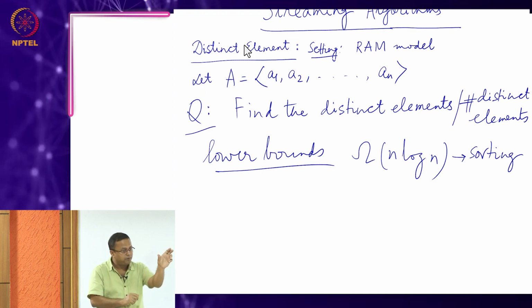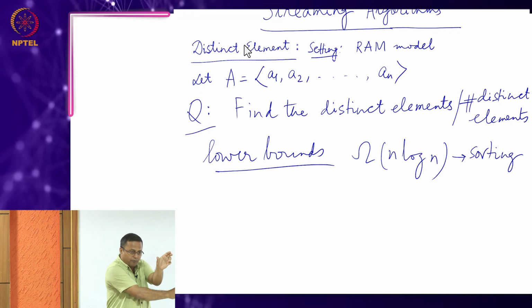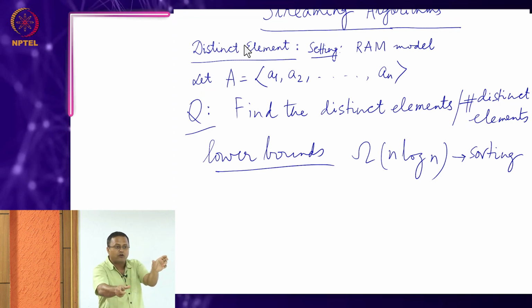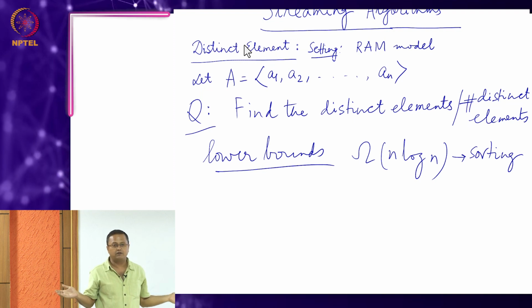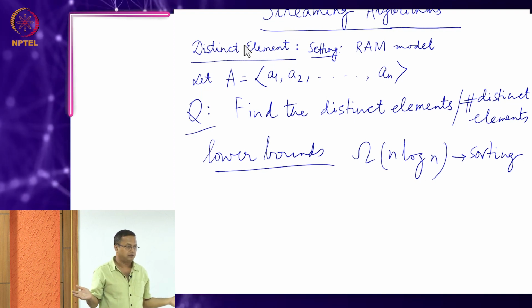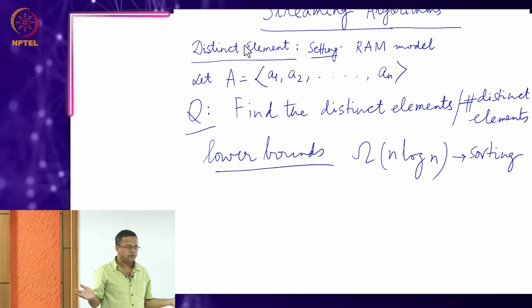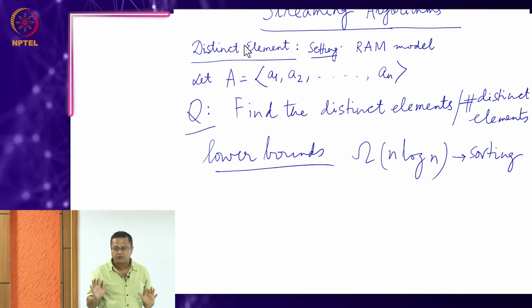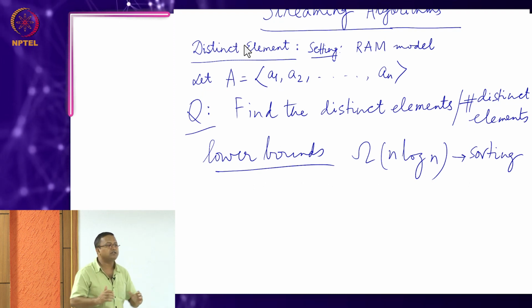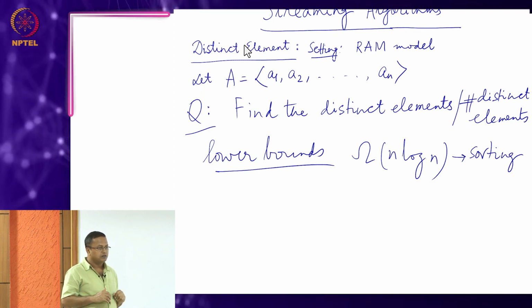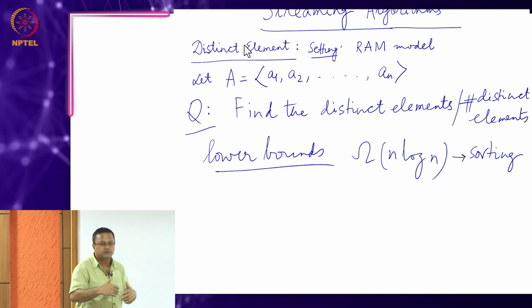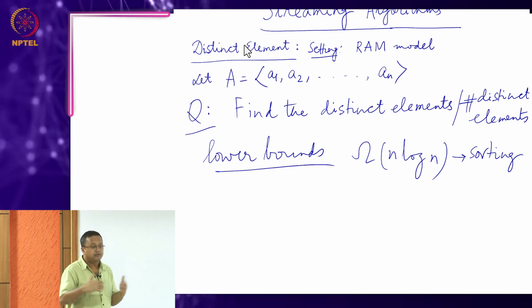See, the same problem, when I take it from this RAM model to a different model of computation, becomes extremely difficult. So, you appreciate this fact that if I change the machine model under which I compute, the difficulty levels of problems change, and change dramatically.